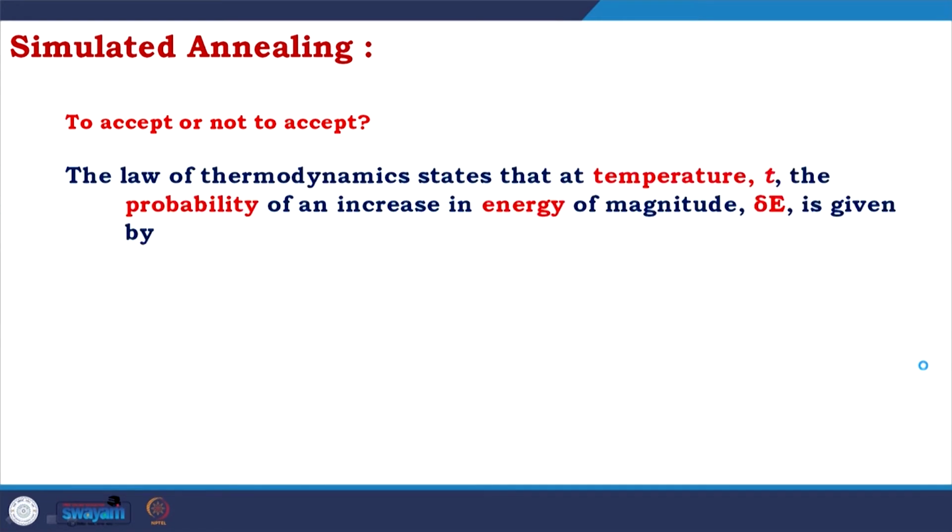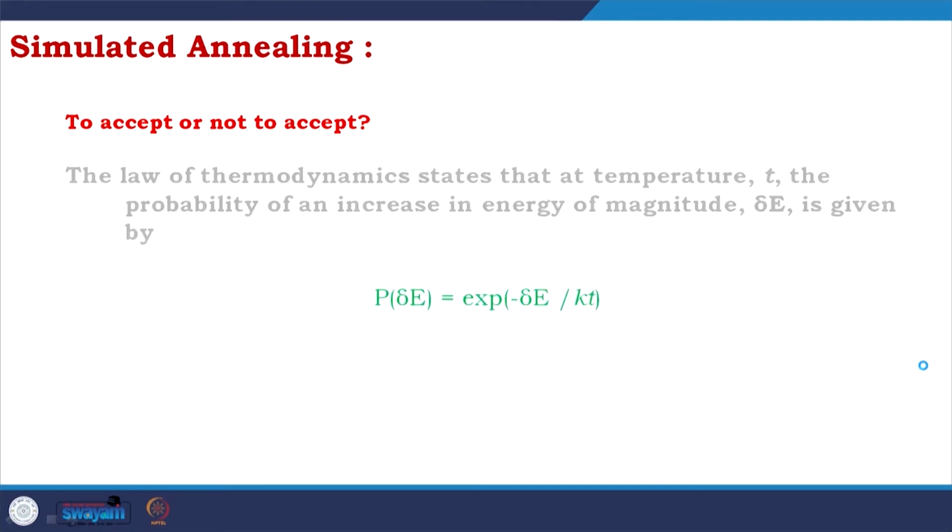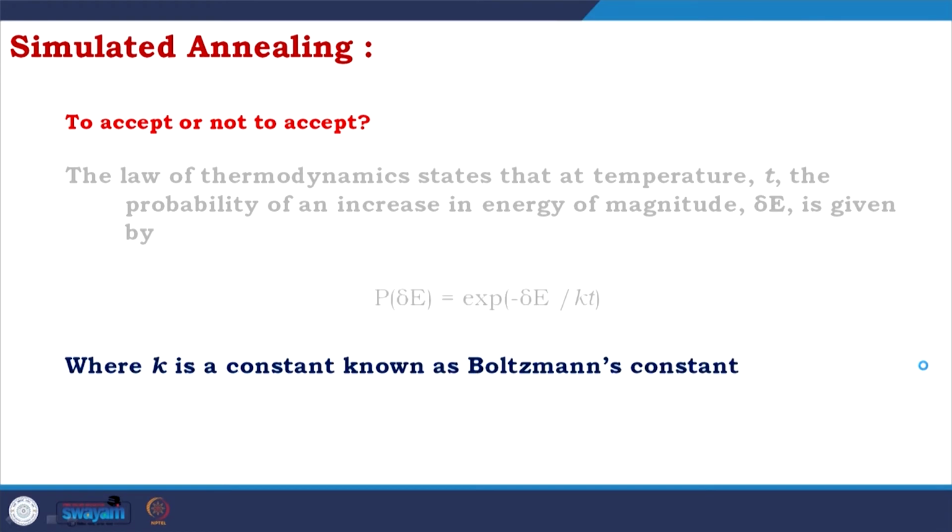The law of thermodynamics states that at temperature T, the probability of an increase in energy of magnitude delta E is given by P(delta E) = exponential of minus delta E by kT, where k is a constant known as the Boltzmann constant.